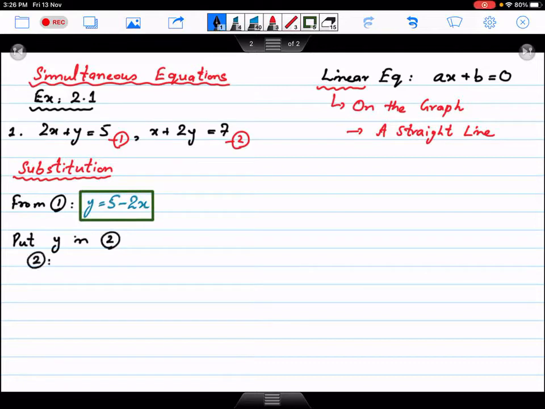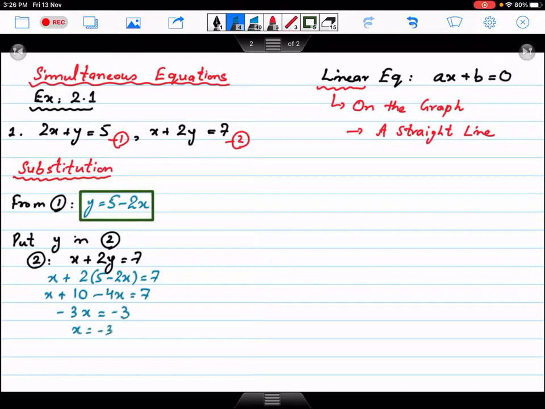Equation 2 was x plus 2y equals 7. Instead of y, I write 5 minus 2x. So it becomes x plus 10 minus 4x is equal to 7. This becomes minus 3x. 10 is added here, so it goes to the other side and is subtracted from 7. Now minus 3 divided by minus 3 equals 1. Is there any problem in that?